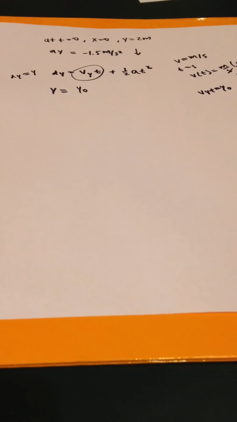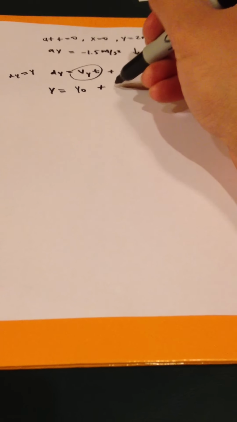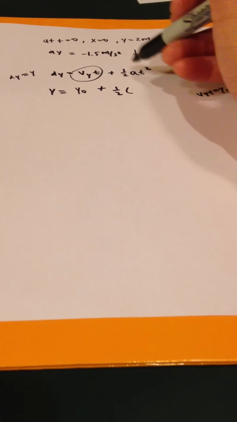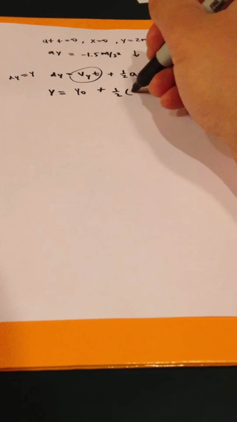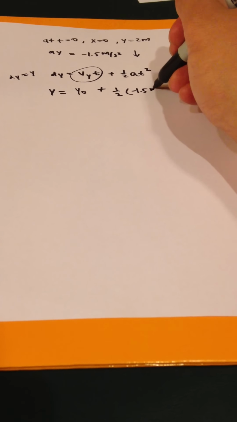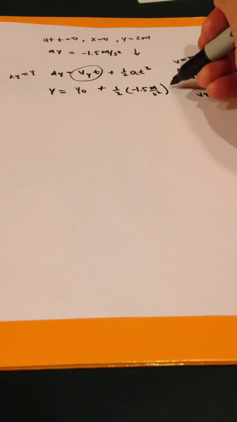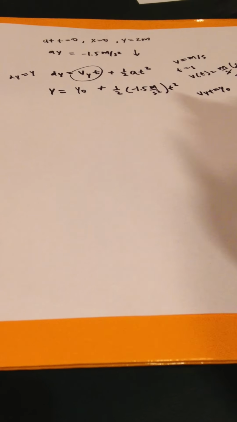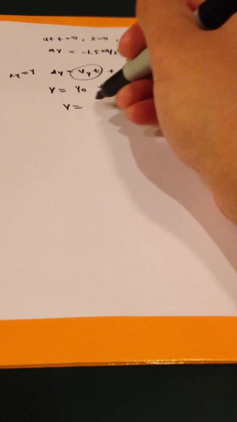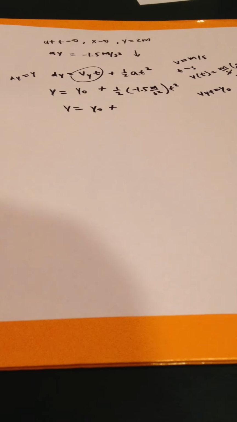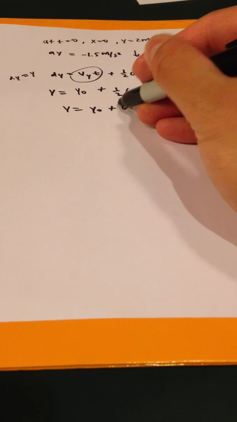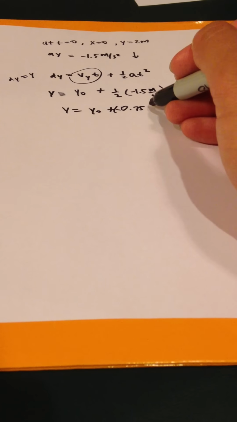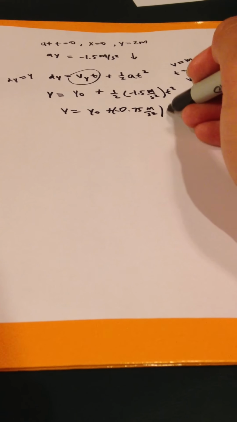So here we have y equals y naught plus 1/2, and we'll substitute our acceleration in, times negative 1.5 meters per second squared times t squared. So this is what we have thus far. Let's simplify that: y equals y naught plus negative 0.75 meters per second squared t squared.